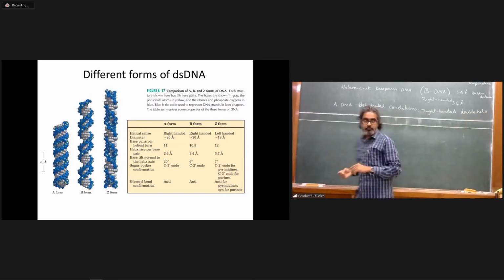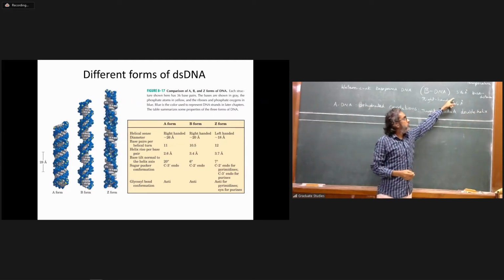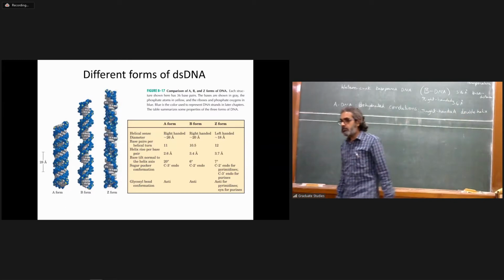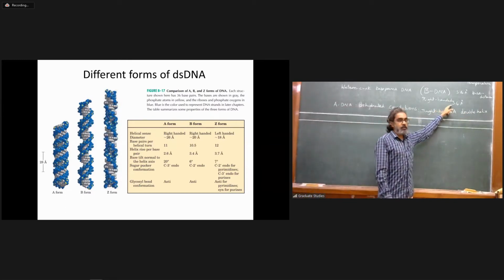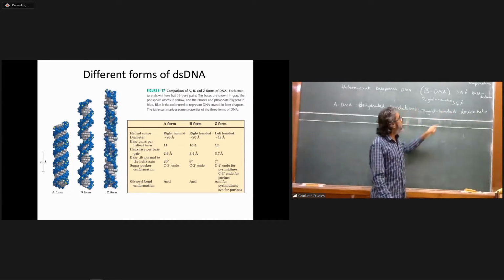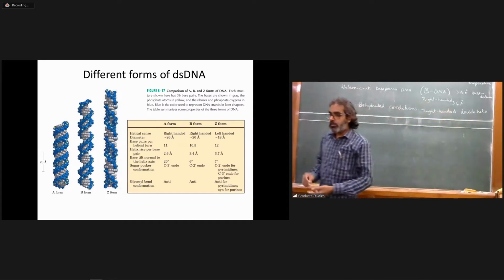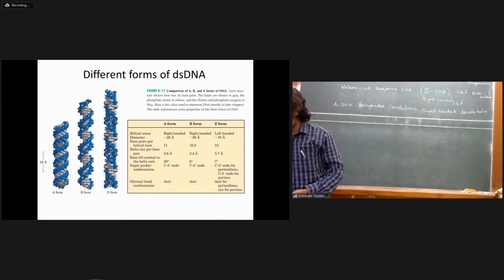However, the spacings differ. In the first case, base to base is 3.4 angstroms, and 10 bases almost complete one turn along the helix axis. These two parameters are different in A form. The table is also given on the right side.